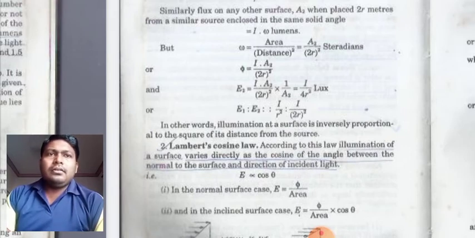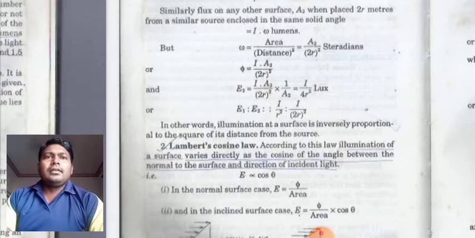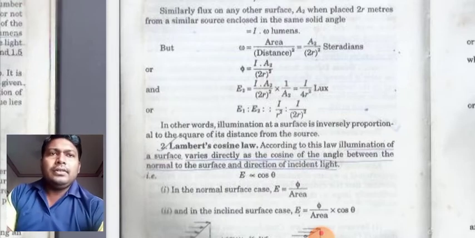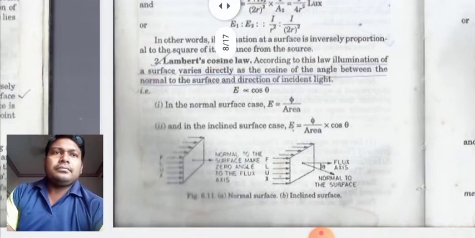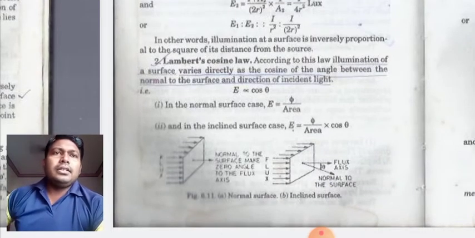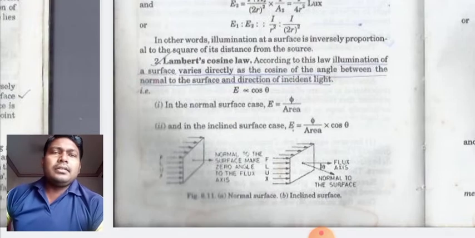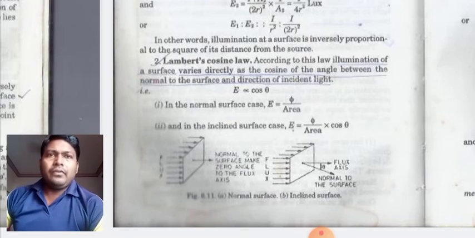If the surface is normal, capital E will be equal to phi divided by area, because there is no angle subtended by the source of light and the body which has to be illuminated. Second case, if it is at an inclination, then E is equal to phi divided by area into a factor known as cos theta, which is exactly Lambert's cosine law.